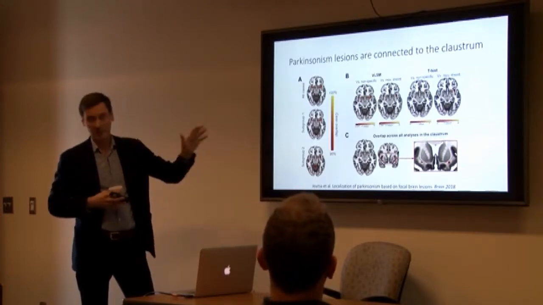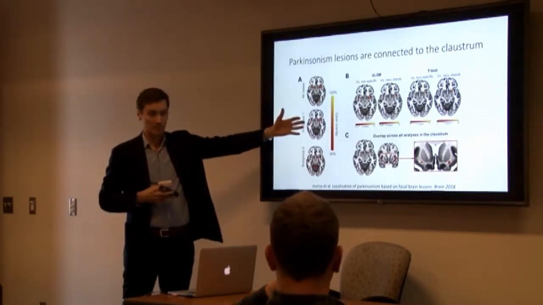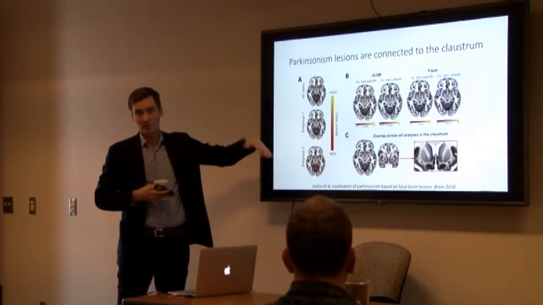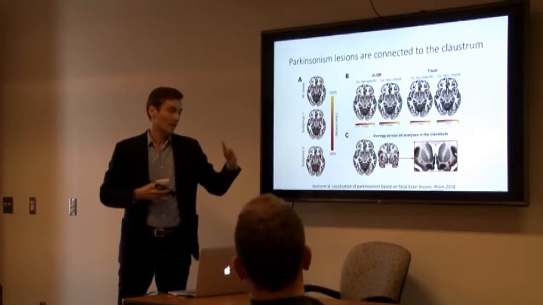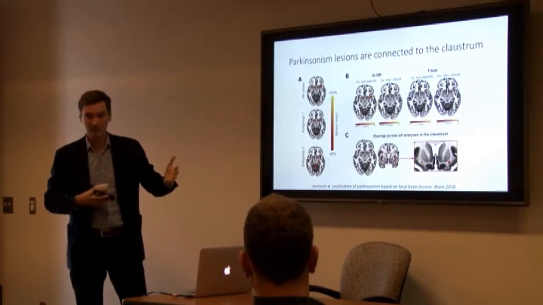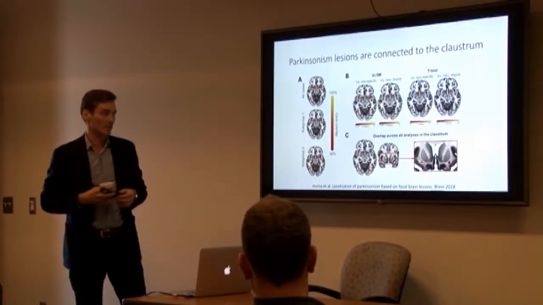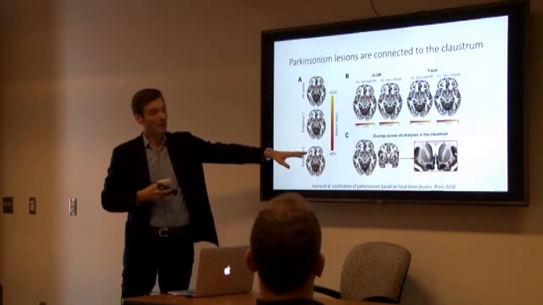We did multiple different analyses to confirm the finding. We did some subsamples, defined Parkinsonism a bit differently, with only 2 out of 3 main symptoms, or with more strict criteria for the delay between the lesion and the emergence of the symptoms. And each time the claustrum popped out.